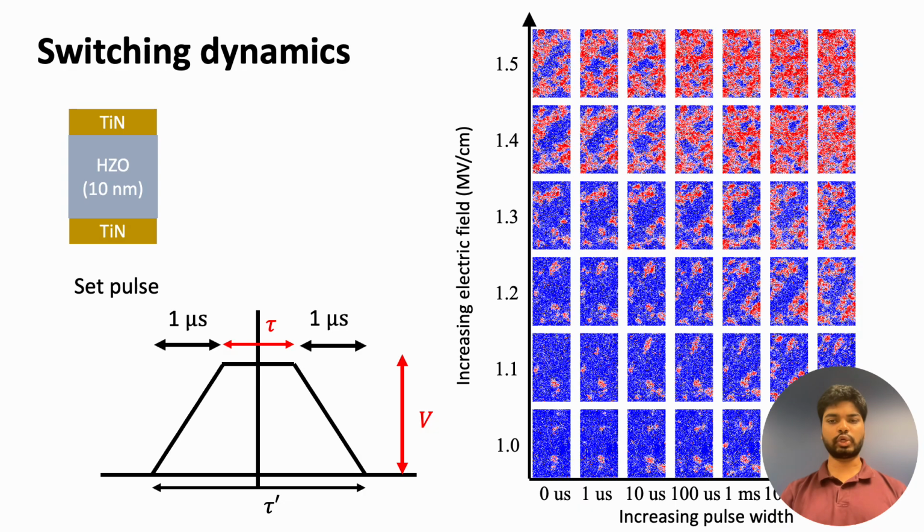This is a signature of nucleation limited switching, where the field and the time are interchangeable in activating a given region over the energy barrier to switch, and the switched regions appear as discrete patches which switch sharply with no signs of domain growth. We also never observe any partially polarized state throughout the switching process.